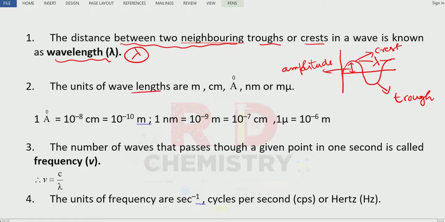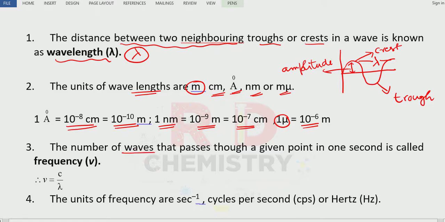The unit of wavelength is a length: meter, centimeter, angstrom units, nanometers, or microns. 1 angstrom is equal to 10 to the power minus 8 centimeter or 10 to the power minus 10 meter. 1 nanometer is equal to 10 to the power minus 9 meter or 10 to the power minus 7 centimeter. 1 micron is equal to 10 to the power minus 6 meter. This should be remembered. When they give the problem, we need to convert the given units into SI units.